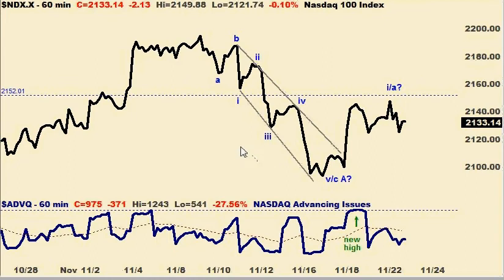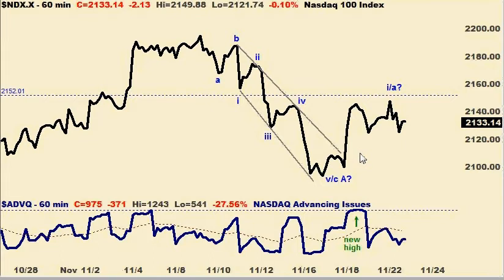The Nasdaq is interesting as well. It also counts possibly as that ABC down with a slightly expanding C wave. Also of note here is that the Nasdaq breadth ratios actually made a new high on this last rally. As you know, I feel that breadth tends to lead the market.